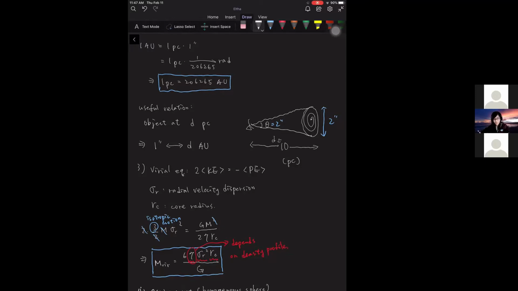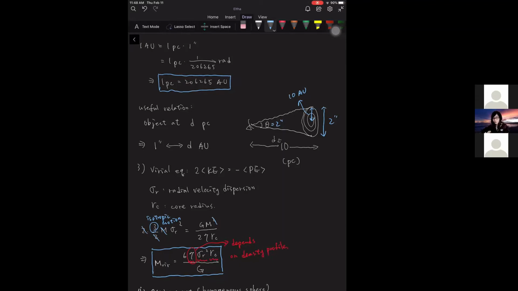So 1 arcsecond of this galaxy is equal to 10 AU. That tells us that the radius of this galaxy is 10 AU. Does that make sense? Because the diameter is 20 AU, since the diameter corresponds to 2 arcsecond.